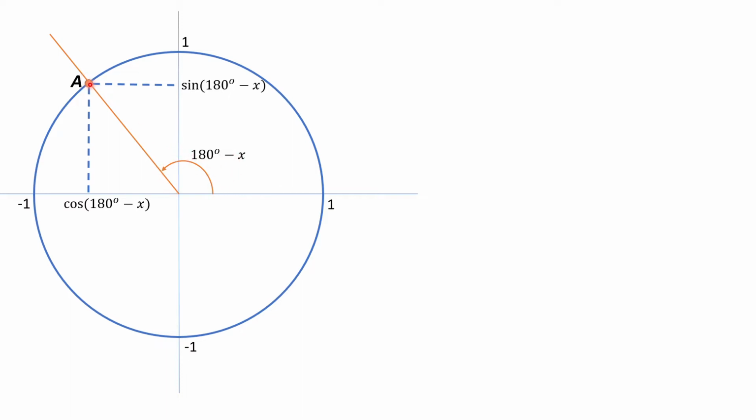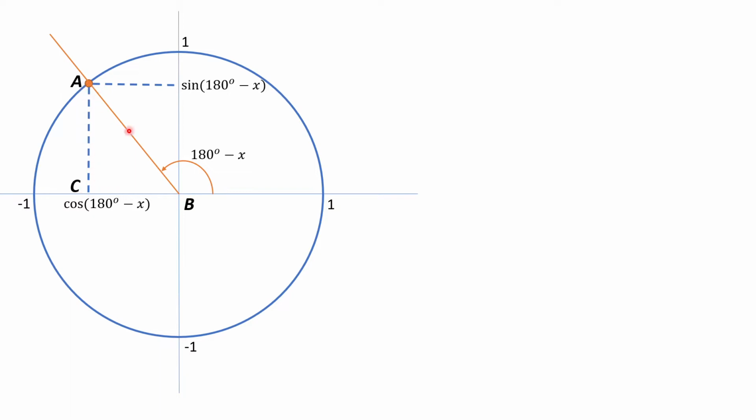The point A, in this case, which lies in the second quadrant, is going to have coordinates cosine 180 minus x and sine 180 minus x. So what we want to look at now is a triangle ABC.